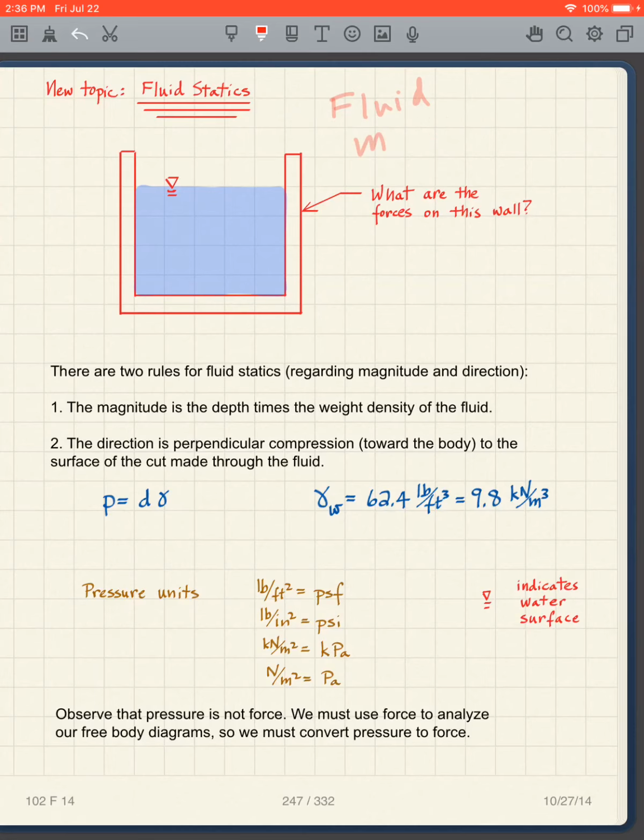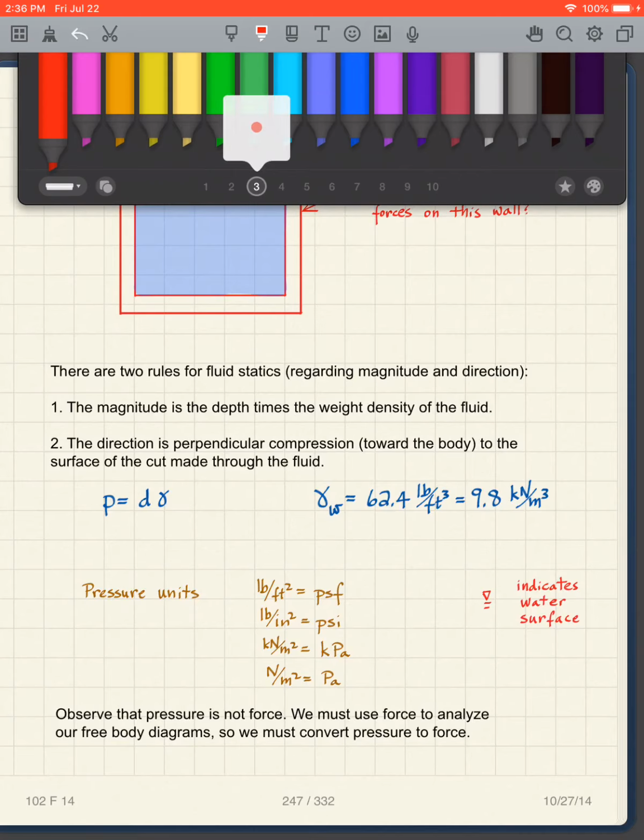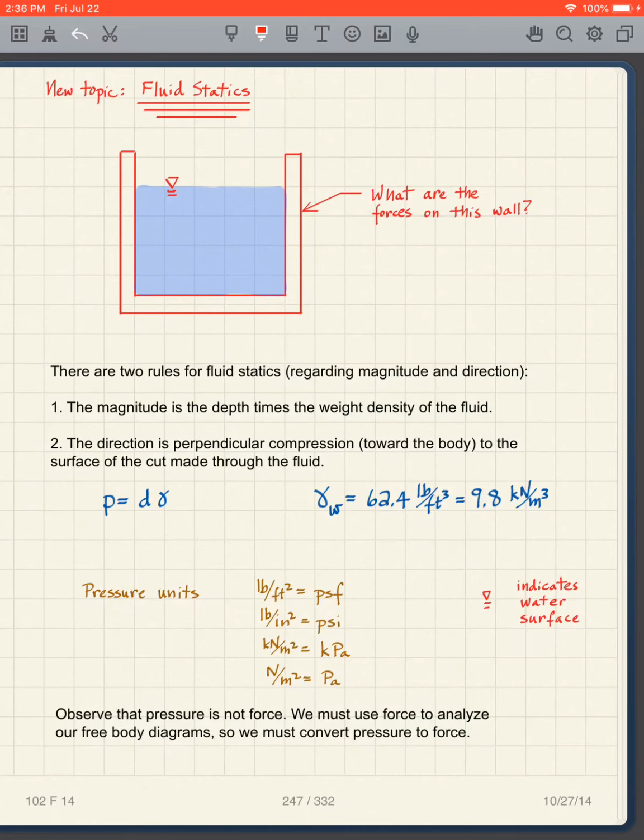So right now, in this particular case, we're talking about fluid in a container, and in this particular situation we are interested in, for instance, finding what are the forces on this wall.